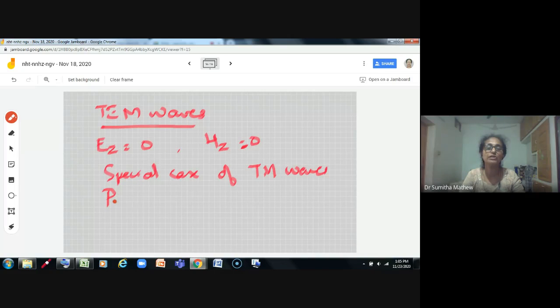You also call it the principal wave. A TEM wave is also known as the principal wave. Okay. So you will be asked in some cases to define what is meant by a TEM wave or a principal wave.